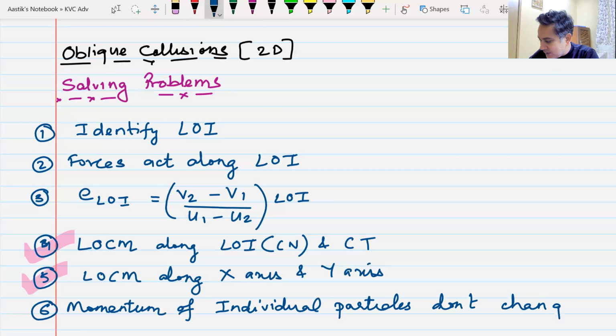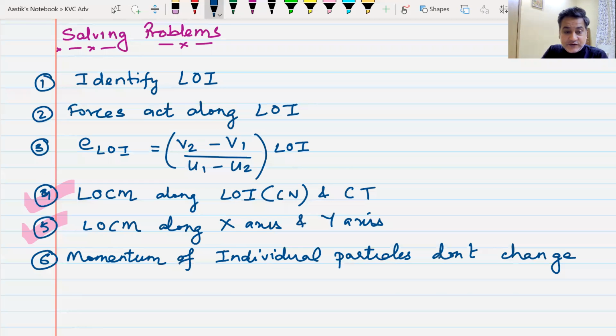Now, if you can identify which is your line of impact, the momentum of individual particles don't change along the common tangent, which is perpendicular to the line of impact. Do we understand this? Because your forces are going to act only along the line of impact.